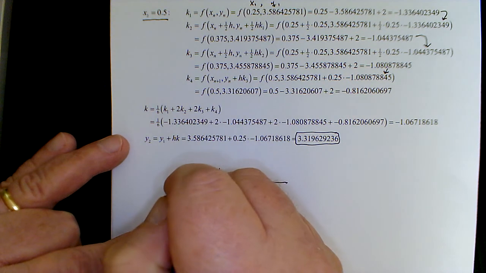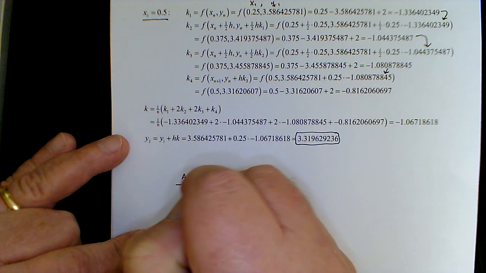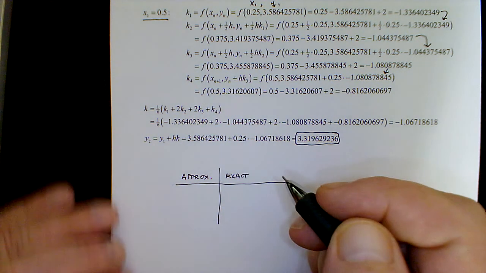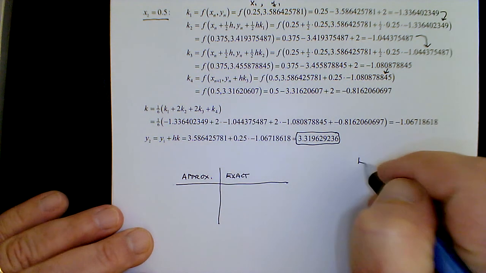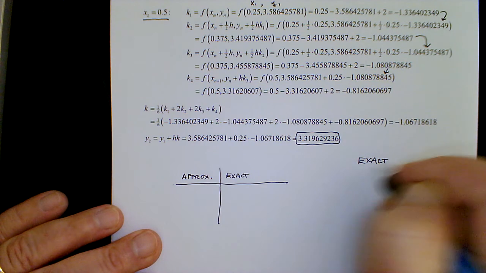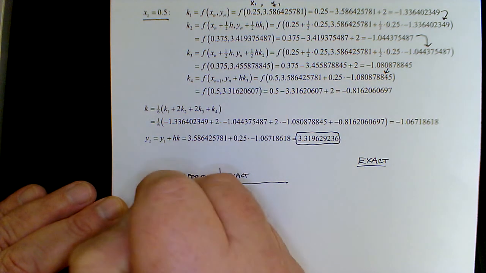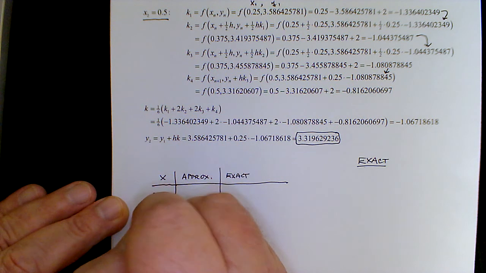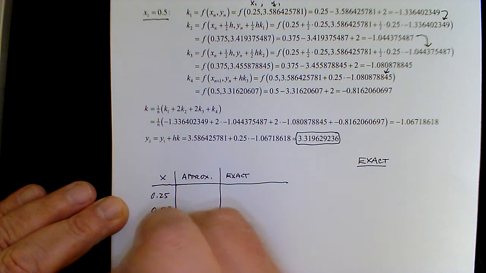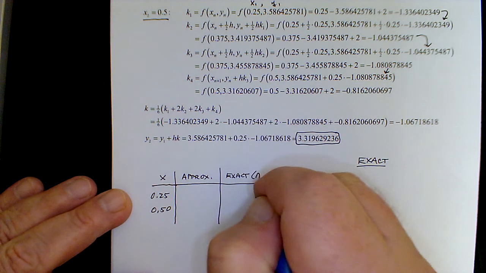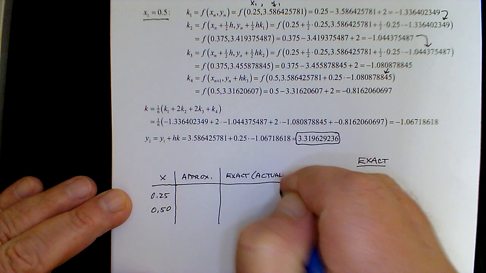And if you wanted to build a little table of the approximate and the exact, again, we'd have our x values here of 0.25 and 0.50. The exact or actual, whatever you want to call it, remember that always uses the solution.